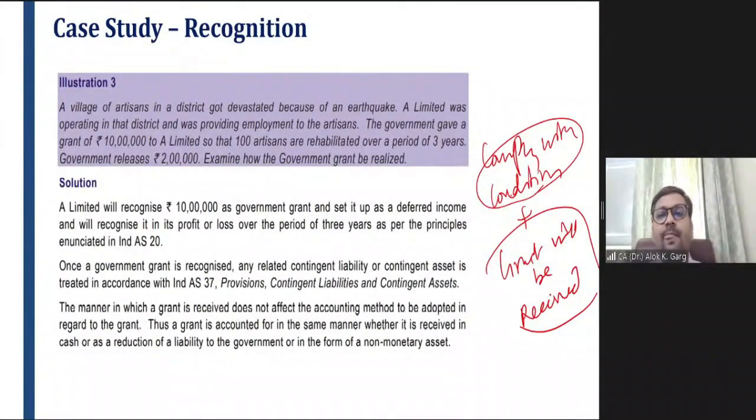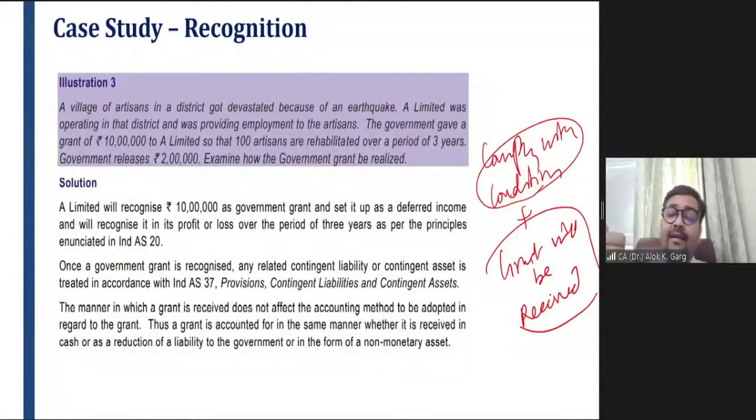Okay, sir. But if the entity will not be able to rehabilitate these 100 artisans over a period of 3 years, probably at the end of 3 years this grant has to be repaid. So that is why in the first year, the entity has to recognize 1/3 of the government grant and disclose the related contingent liability also.